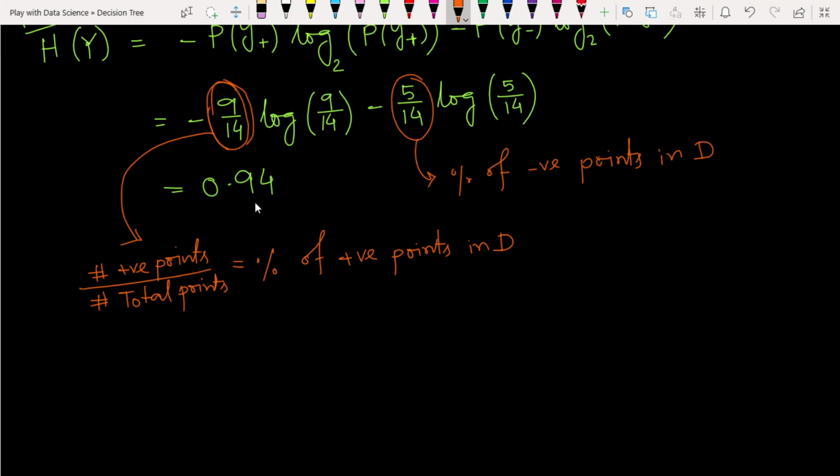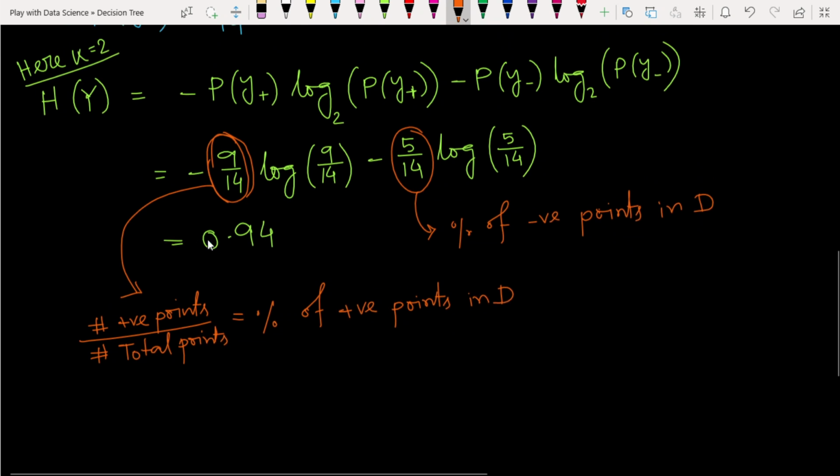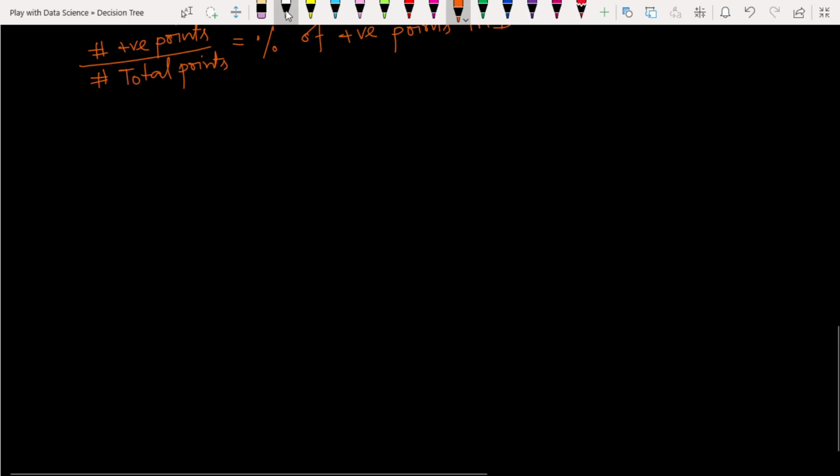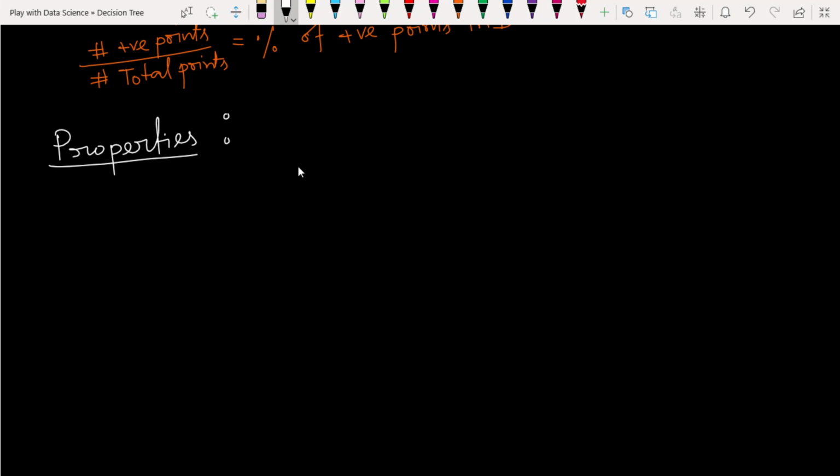Now let's see what it actually means. First see the property. Our random variable y took two values, y plus or y minus.